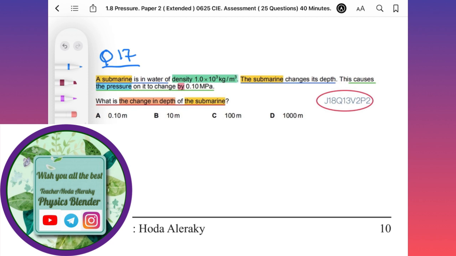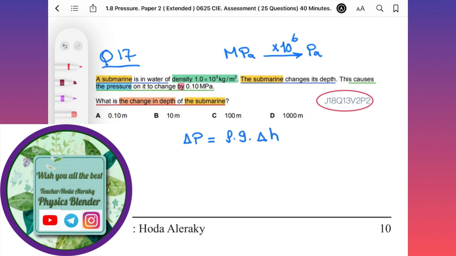According to the equation, change in pressure due to liquid is equal to rho g delta h, change in depth. Substitute, we have pressure already in megapascal. Megapascal converted to Pascal, you have to multiply by 10 to the power of 6. Mega means million.